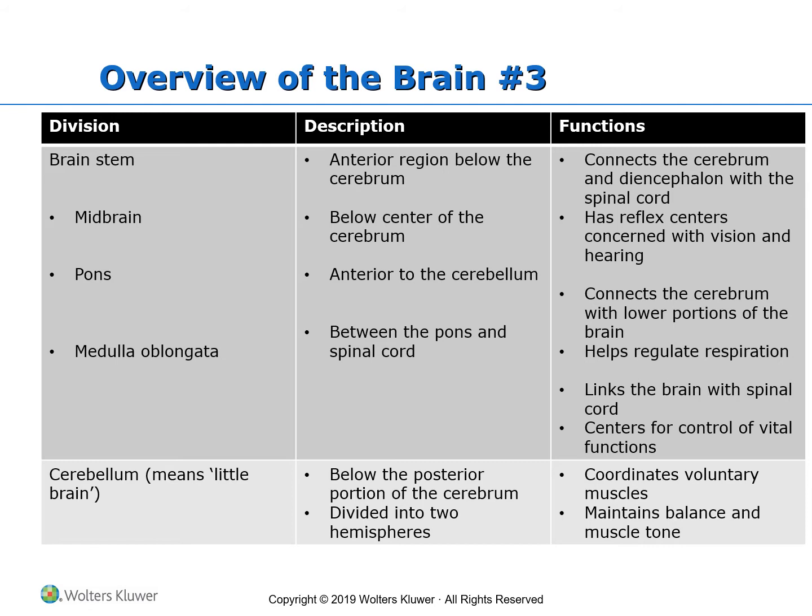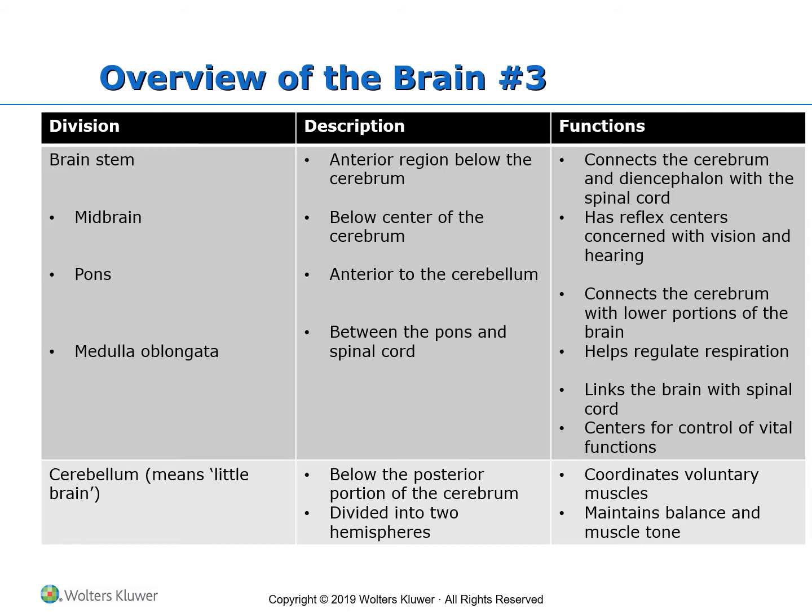The third part, the brainstem, represents the region between the diencephalon and the spinal cord, and can be divided into three parts: the midbrain, the pons, and the medulla oblongata. The midbrain is situated below the center of the cerebrum, and its main function is to represent the reflex center for vision and hearing.